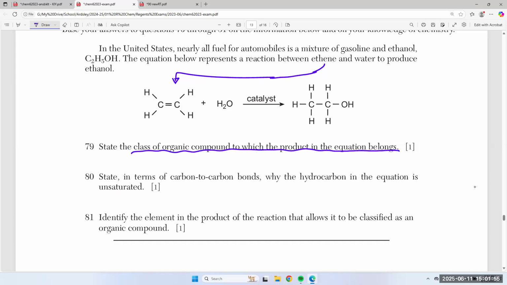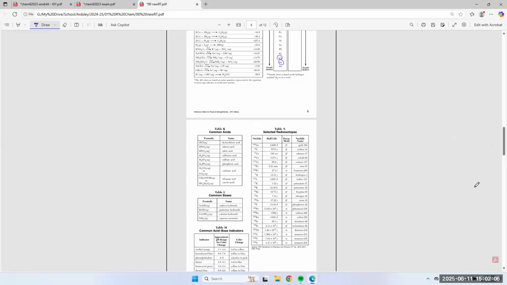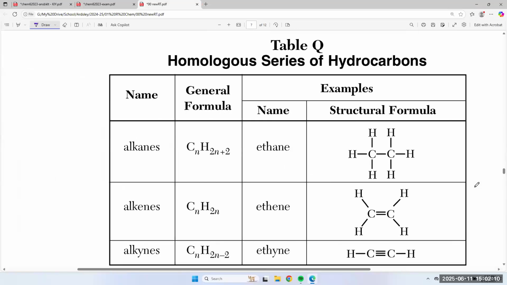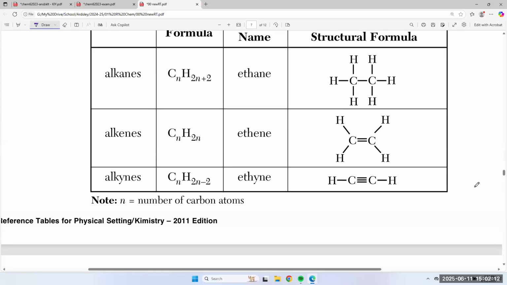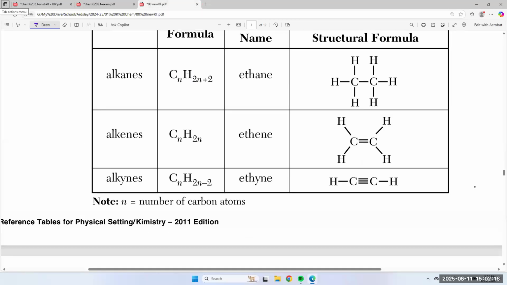Well, guys, do you know this? It's a double-bonded carbon, which is an ene, right? What kind of ene? Alkene, right? If you don't know, you can go here, right? They literally use the same one from the reference table.